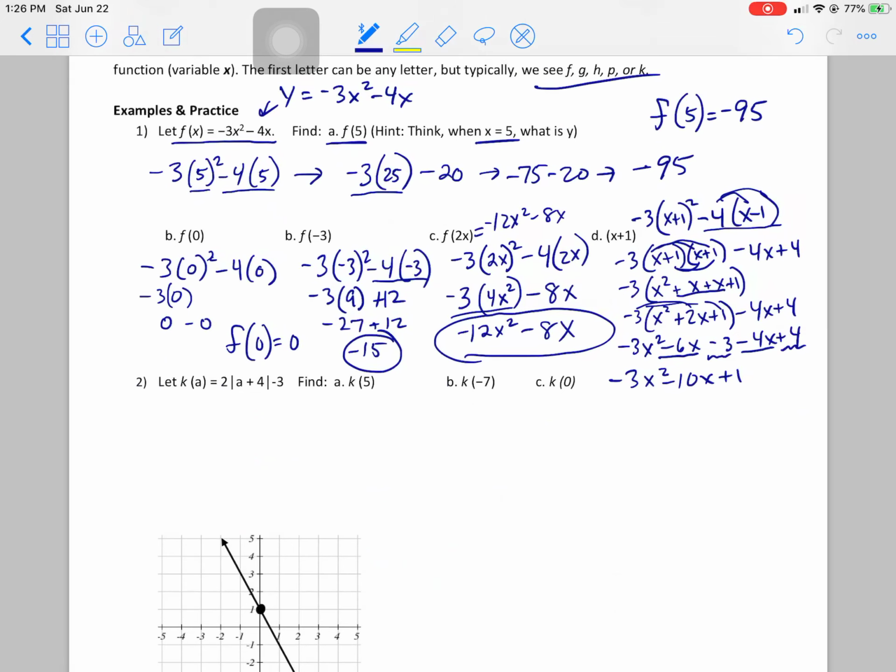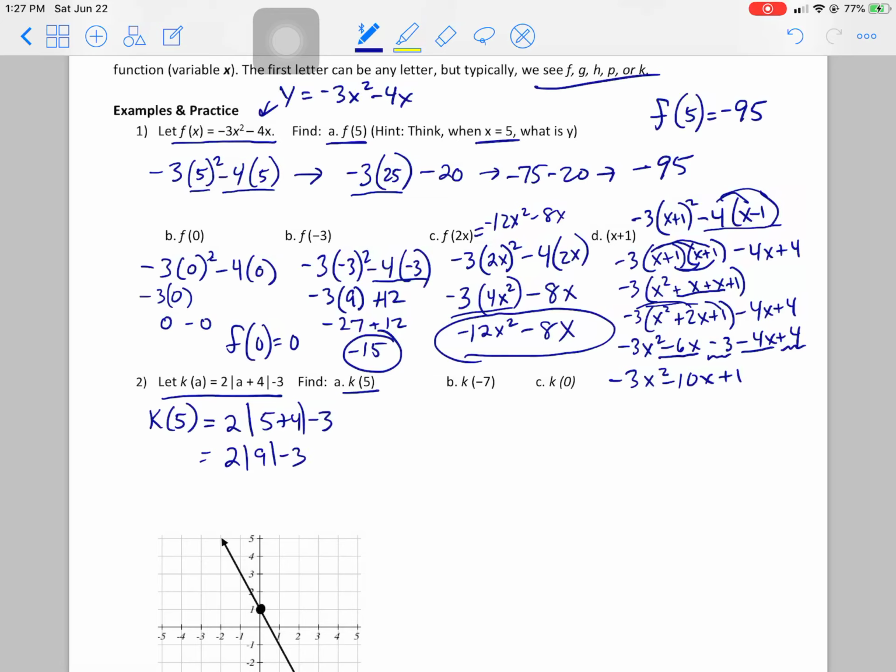All right, let k of a equal this absolute value. So that's what it looks like for substituting 5 in for a. So k of 5 equals 2, 5 plus 4 minus 3. Handle the absolute value bars first, because they're like parentheses.